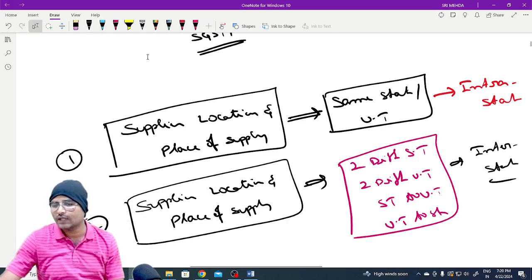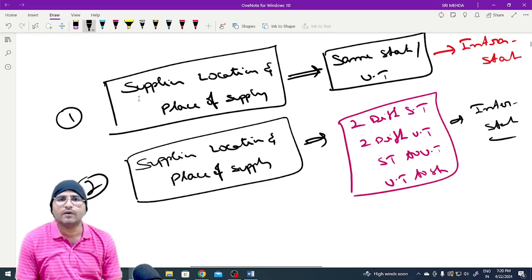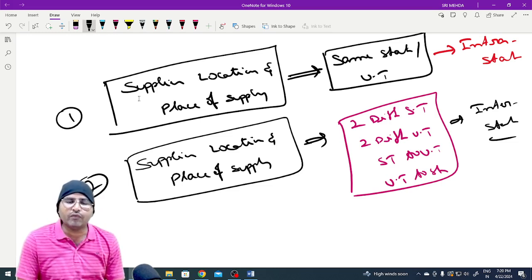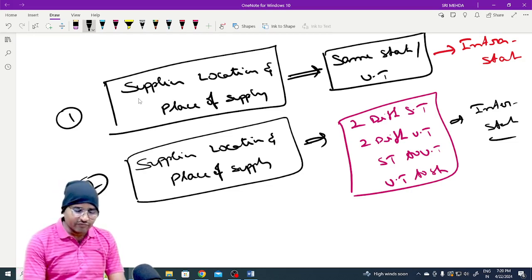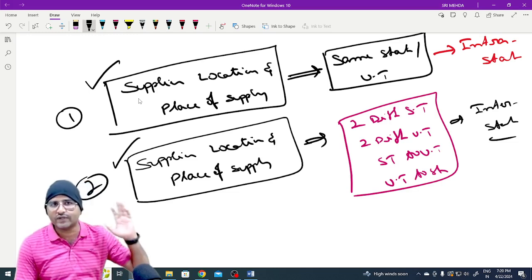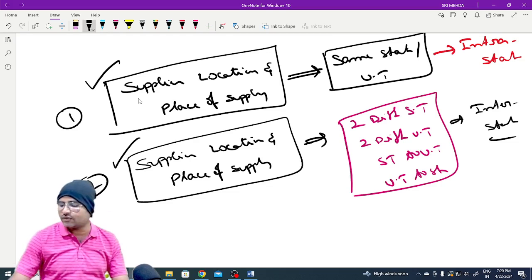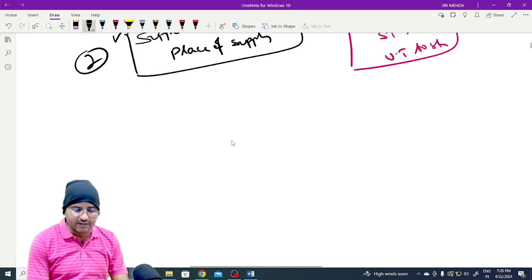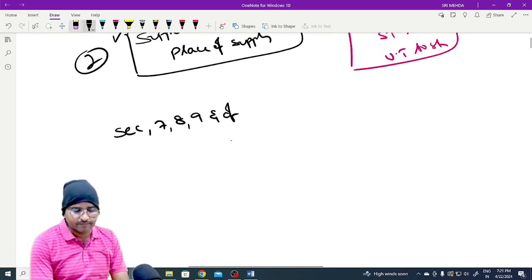Right, done. Now, how can we determine whether a supply is intra or inter, and from where are these sentences derived? Might be these are the sentences which we discussed in the first chapter itself, right? But these are the words given in section 7, 8, 9 of the IGST Act.